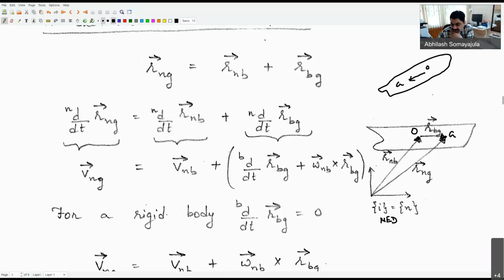Is that making sense? So that is why this derivative of RBG with respect to the body fixed frame will be 0.